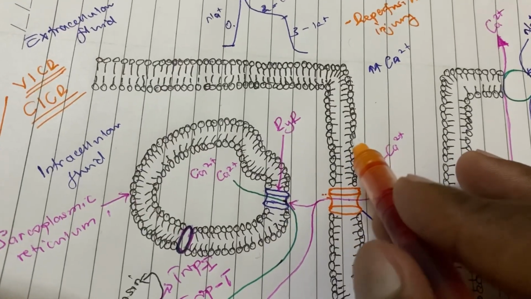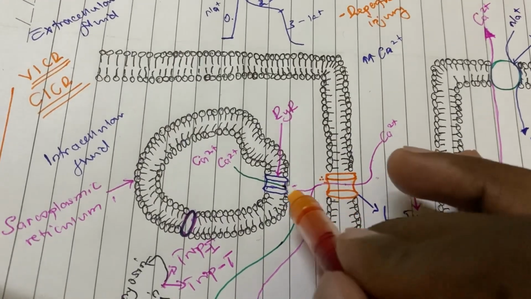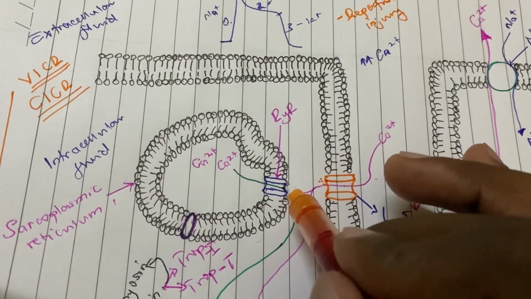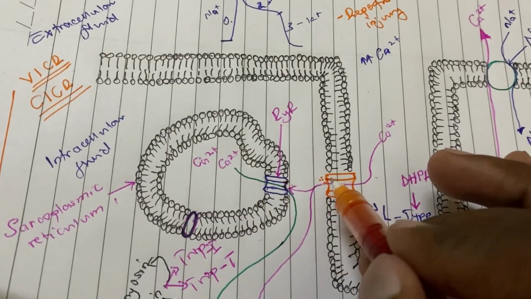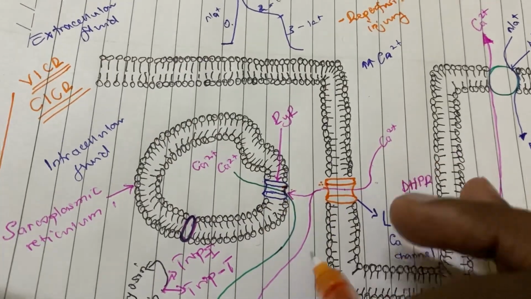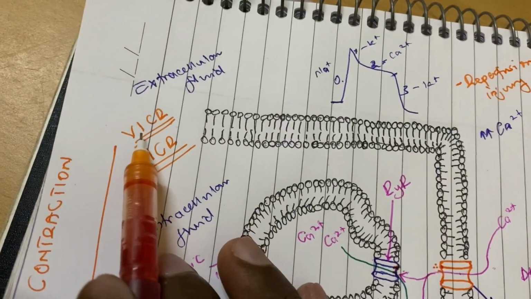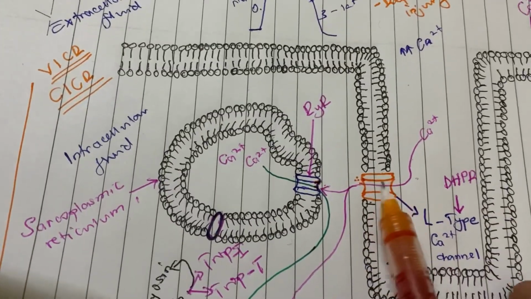At a certain voltage, it will change conformation, and because they are mechanically linked, the change here will affect the shape here. So when the shape changes, it will open and calcium gets out, and that is called voltage-induced calcium release, because it is in response to a voltage.